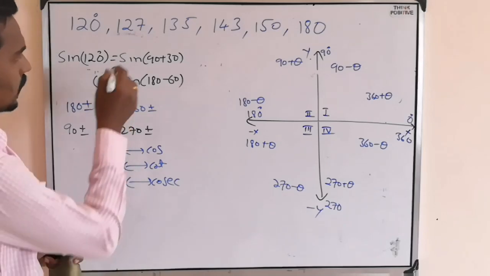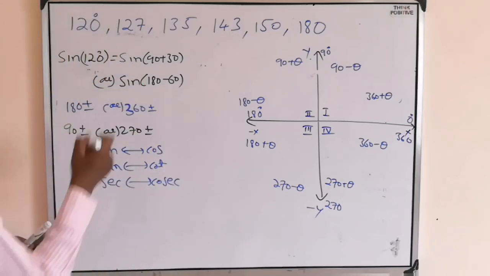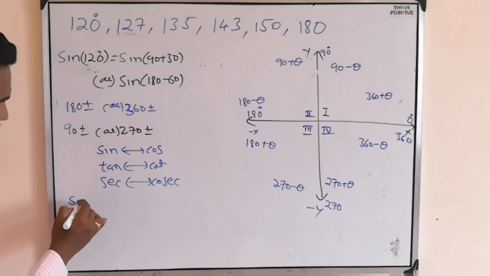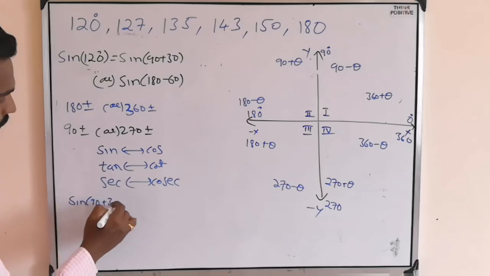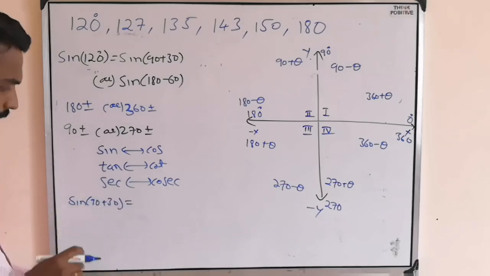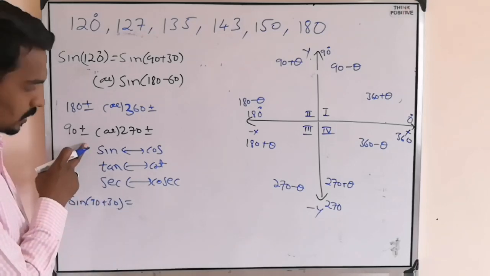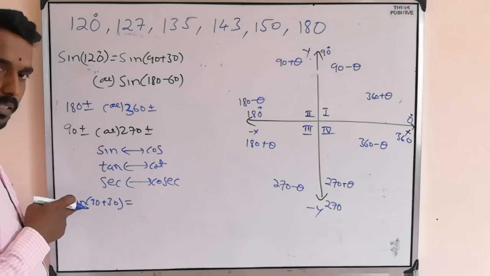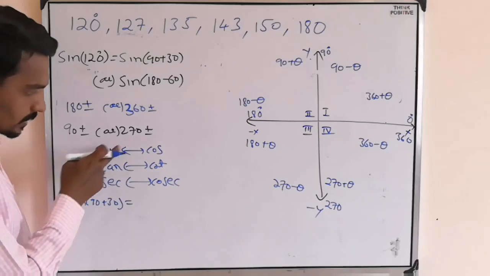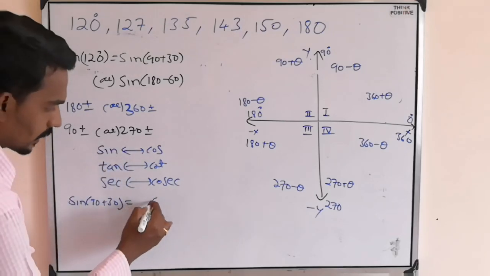So if you consider first sine of 90 plus 30, here 90 plus came. So for 90 plus or minus, the function changes. Here sine is there. Sine will become what? Cos. Write it.